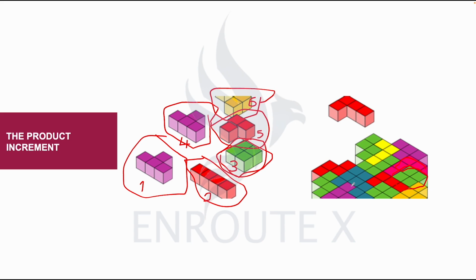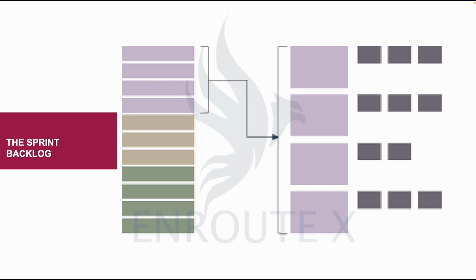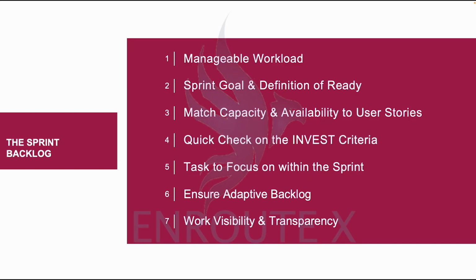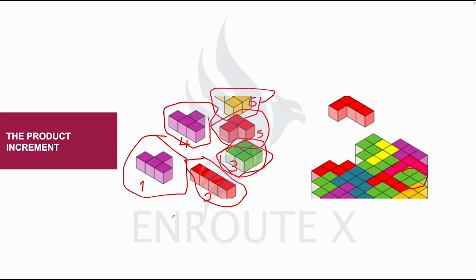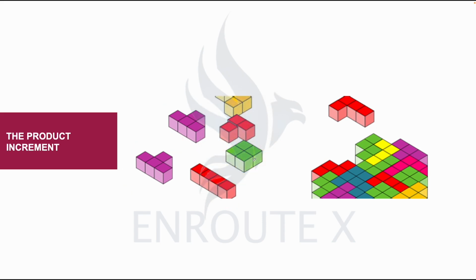So the idea of what I'm making here, if we had been able to see the entire picture, is that as values are delivered sprint in, sprint out, we have those values coming together.